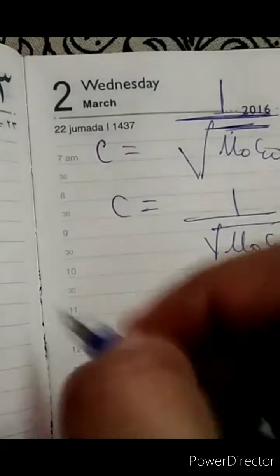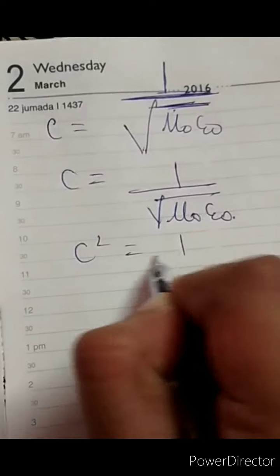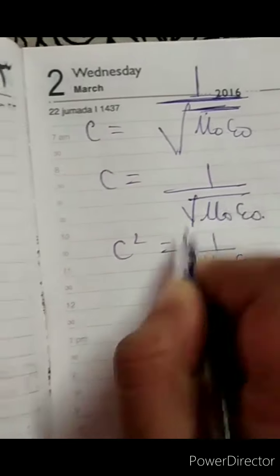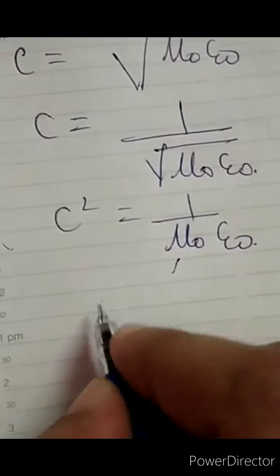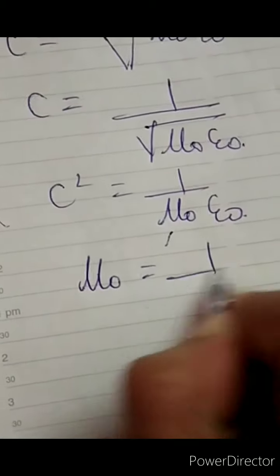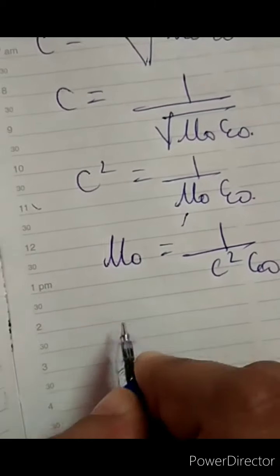Very nice. Square it, so you get C square equals 1 upon mu 0 epsilon 0. Why am I squaring? Because there is a root over here. So we take mu 0 on exchange with C square epsilon 0.